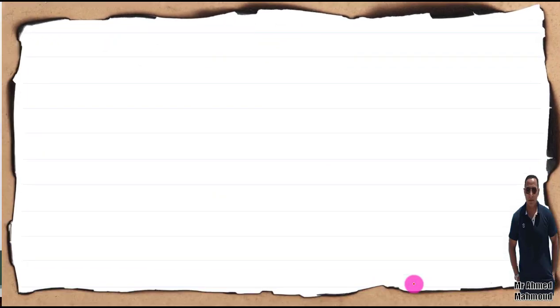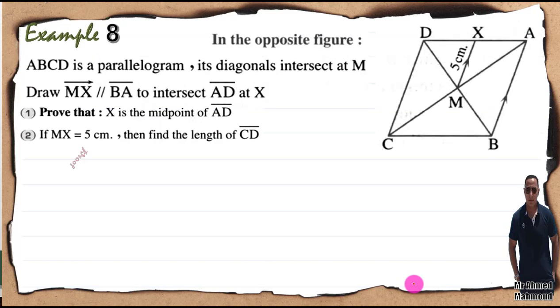Now, let's solve example 8. In this example, ABCD is a parallelogram. MX parallel to BA. First, prove that X is a midpoint of AD. And if MX equal 5, find the length of CD. Now I need to prove that X is a midpoint.